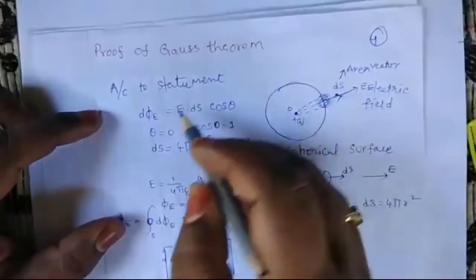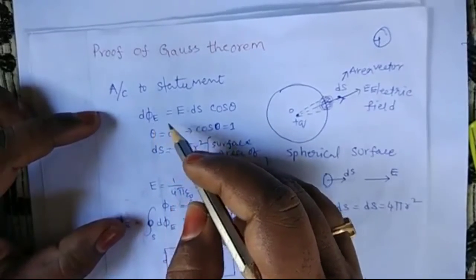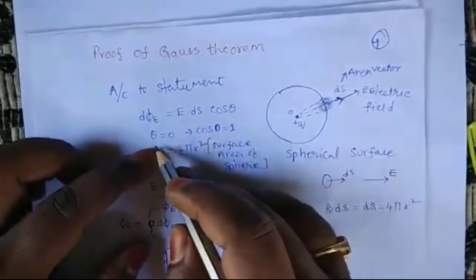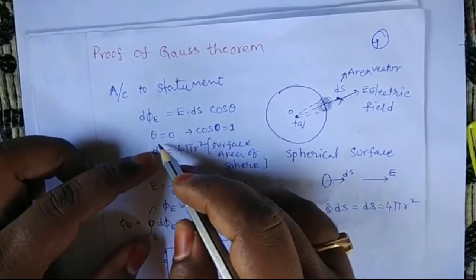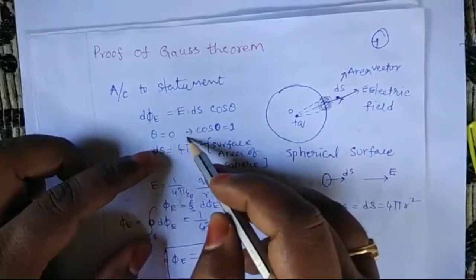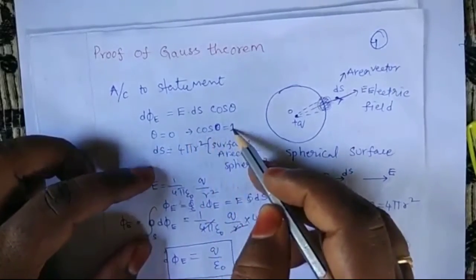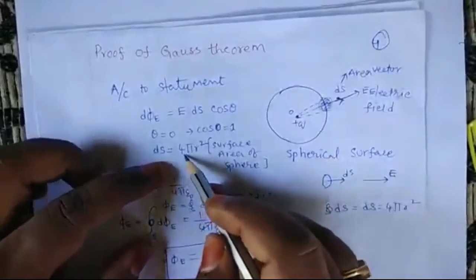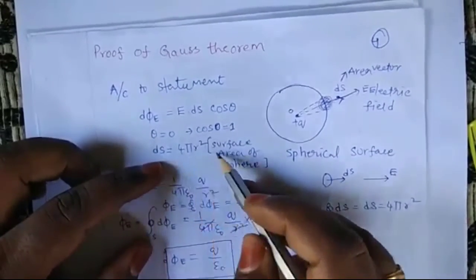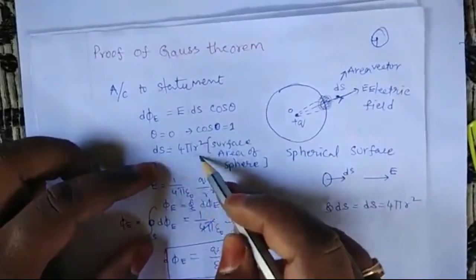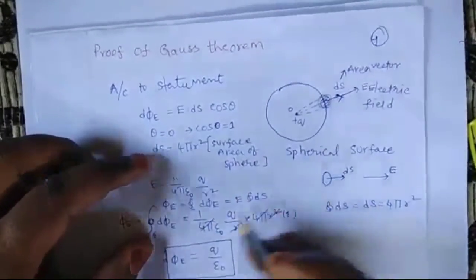According to the Gauss theorem statement, we can write d phi E equal to E ds cos theta. Here theta is equal to 0, because the angle between E and ds is 0, and cos 0 is 1. The surface area of the spherical surface is 4 pi r square; be careful, that is the formula.